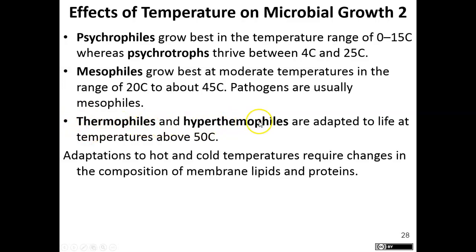Thermophiles and hyperthermophiles grow in very warm environments. And so they don't tend to cause damage to humans, but they're still very important to humans. We use thermophiles and hyperthermophiles in different research that we do.